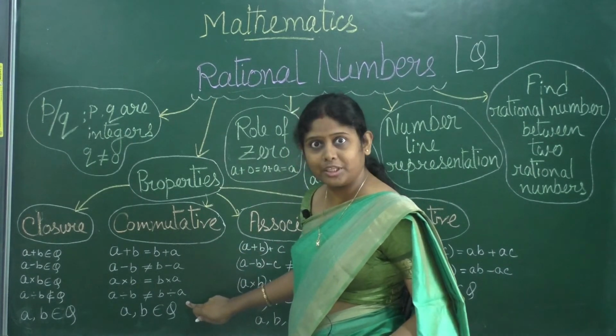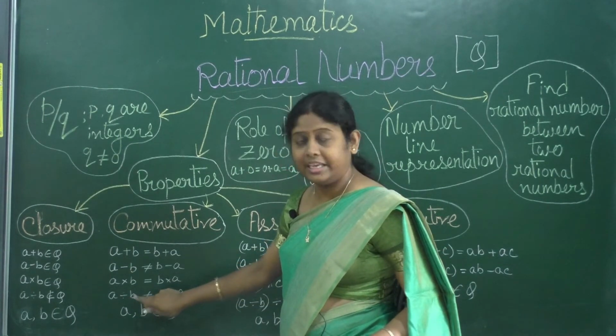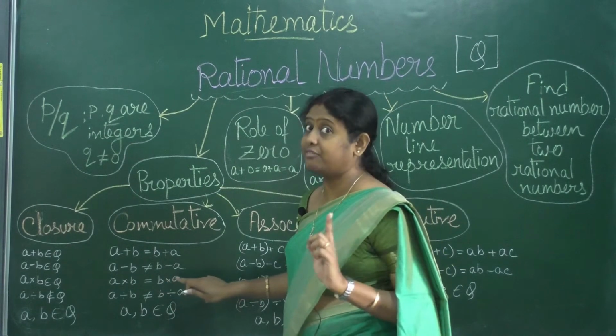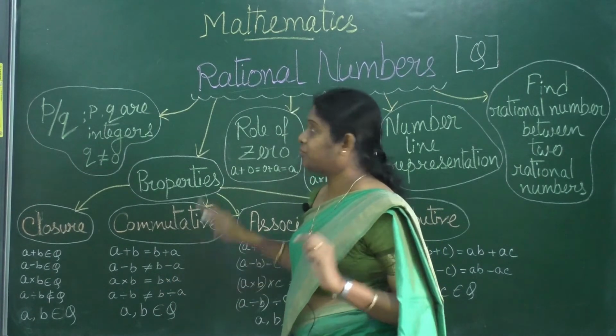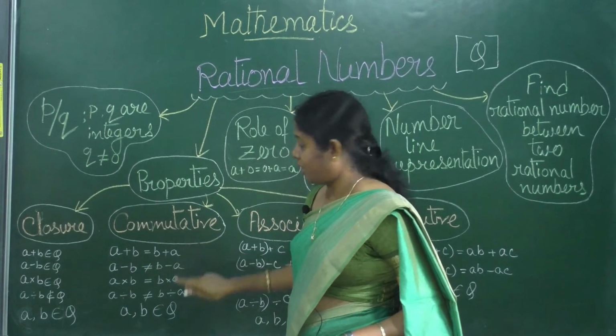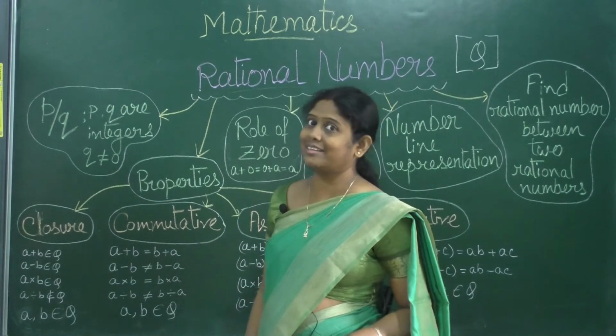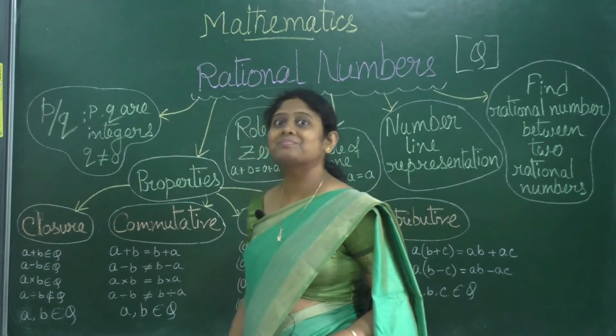Come to the last operation, division. a divided by b is not equal to b divided by a. So, rational numbers are not commutative under division. For examples, look at the PPT.